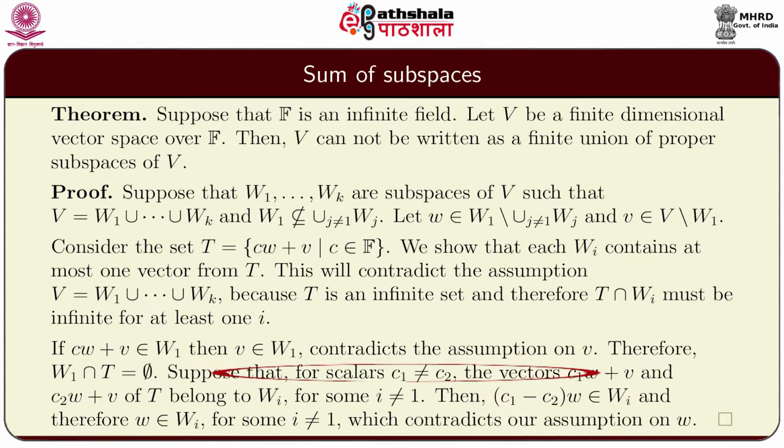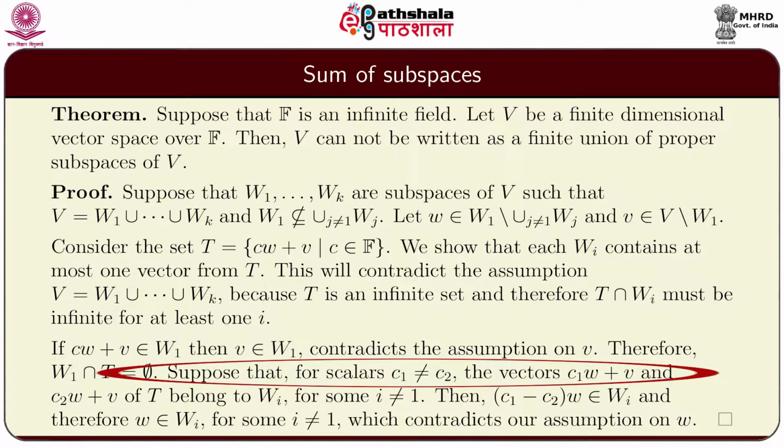Now, suppose that for scalars c1 not equal to c2, the vectors c1w plus v and c2w plus v of T belong to Wi for some i not equal to 1.